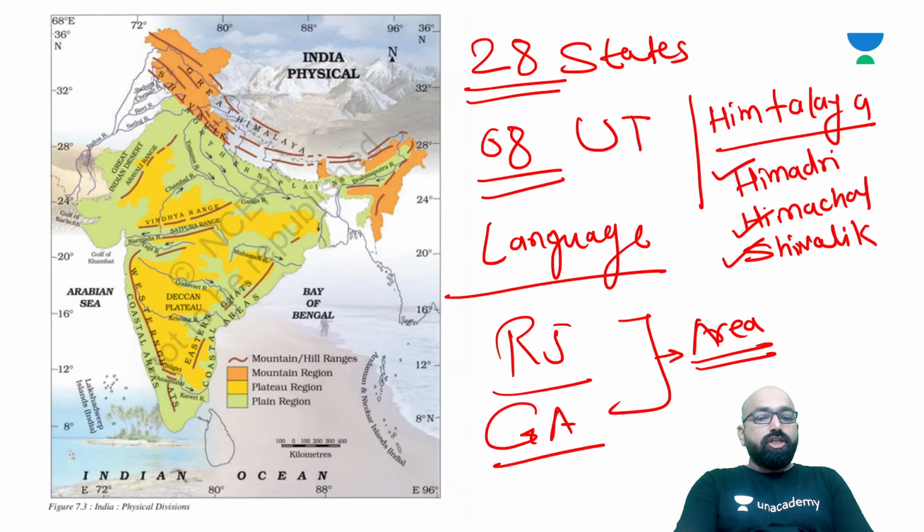Now, the northern Indian plains lie to the south of the Himalaya. They are generally level and flat.